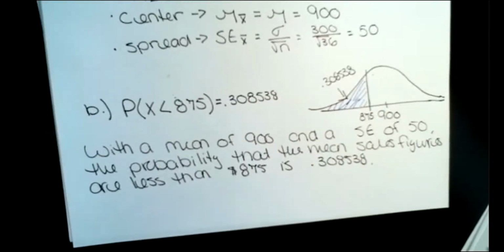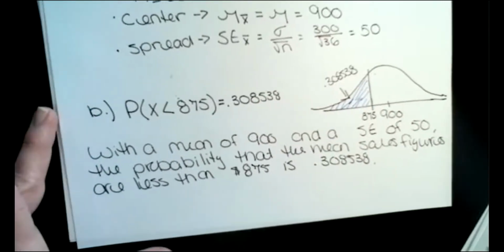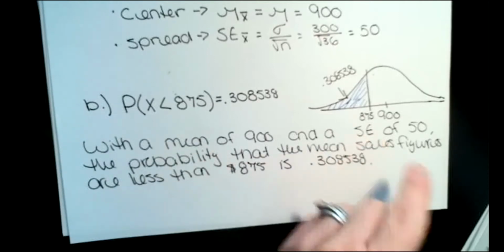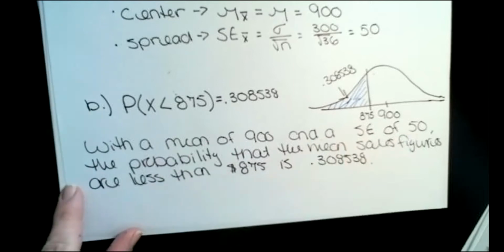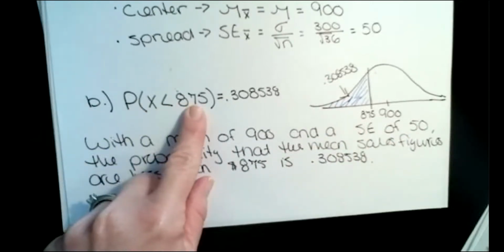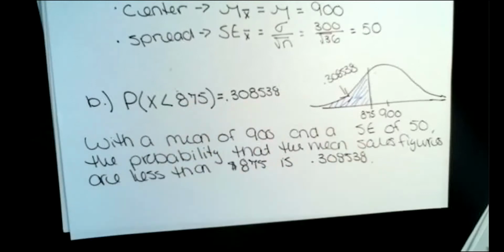Okay. So it's the same write-up that we did last class. You include your mean, your standard deviation or standard error in this case, and then exactly what you have right here. Probability that a sample mean is less than 875 is that value.